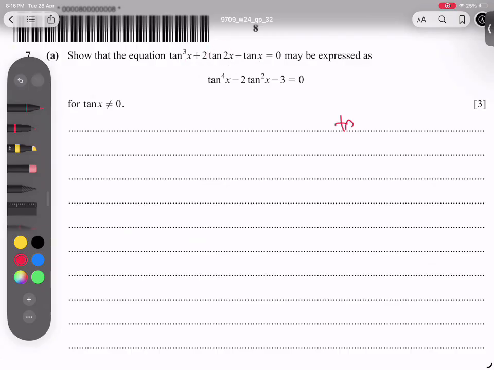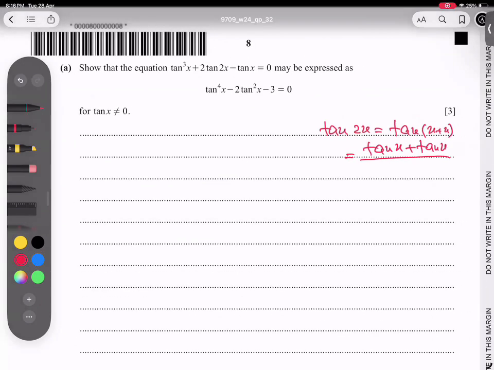If you remember, students, tan double x we can say tan of x plus x. If I apply this property of tan, tan x plus tan x over 1 minus tan x times tan x. So basically I'm getting 2 tan x over 1 minus tan square x, which I'm going to replace here.